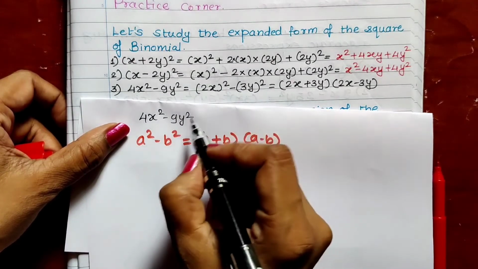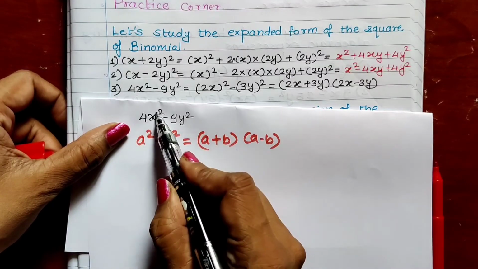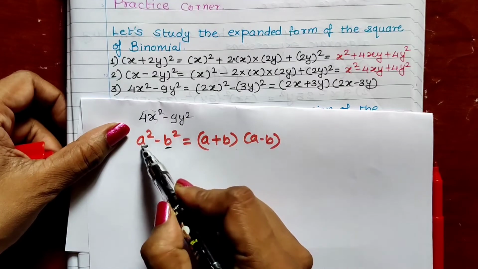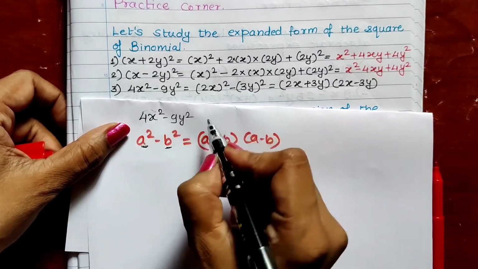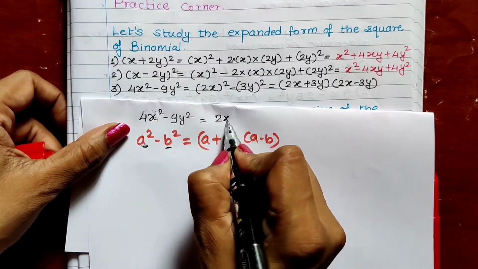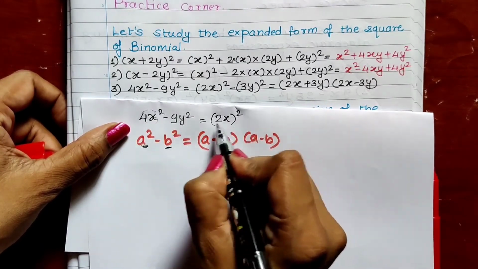So before applying the formula, we have to convert this properly in perfect square. 4 is square of which number? 4 is square of 2, and x square is square of which number? x. So 4x square is square of 2x.